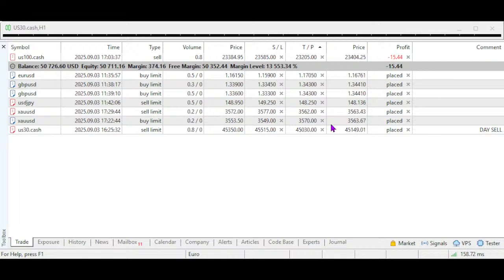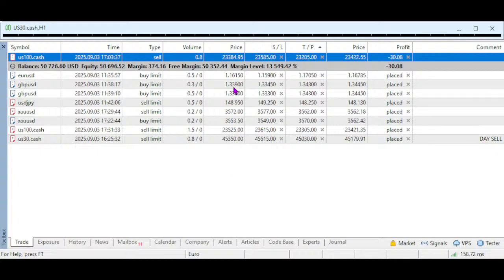Okay, this round we'll go for a slightly higher volume. At 23,525, stop at 23,615, and TP at, okay, the low is 270, so we'll go for 305, and this is a day order.